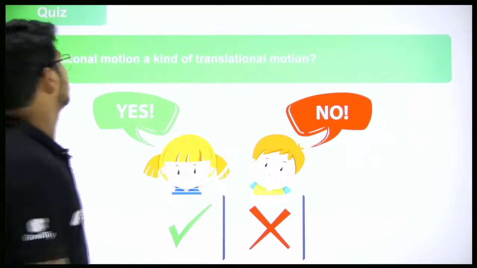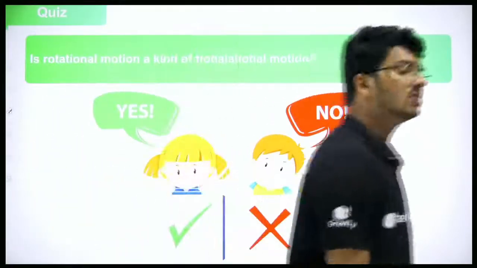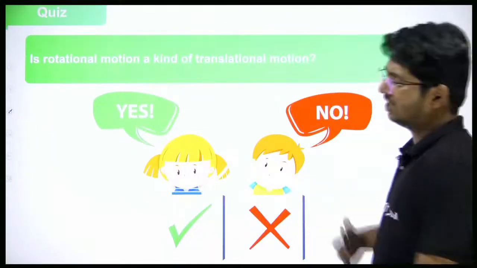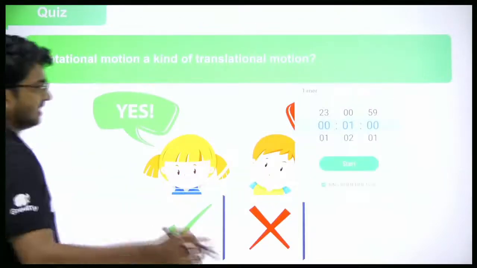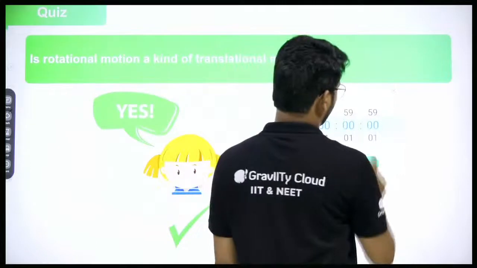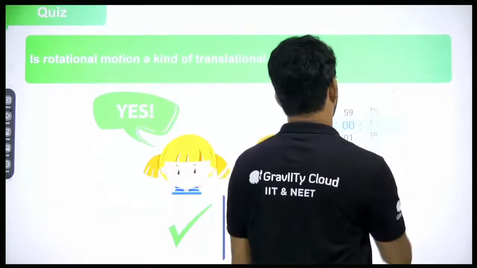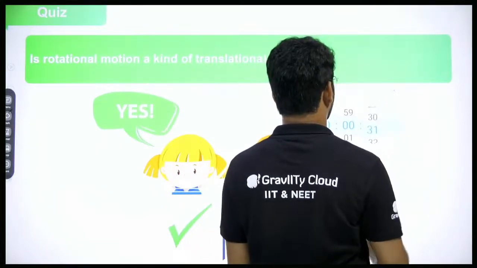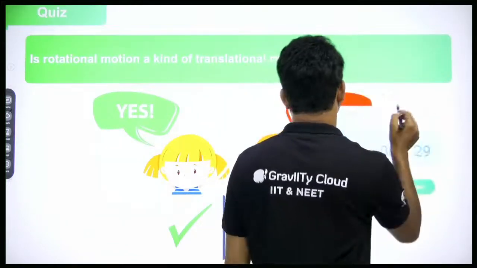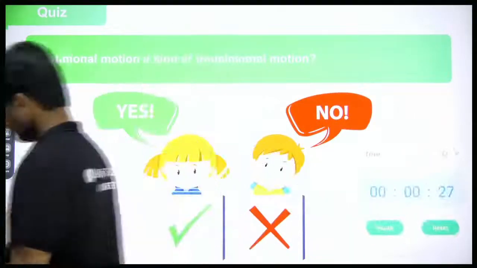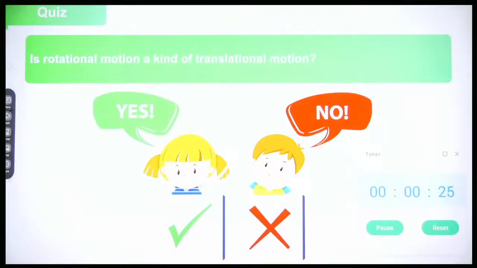Clear? So let's go into a simple question. Is rotational motion a kind of translational motion? Yes or no? I'll give you 30 seconds again. Think about it; you can think in terms of the elbow example I showed you. Is rotational motion a kind of translational motion?